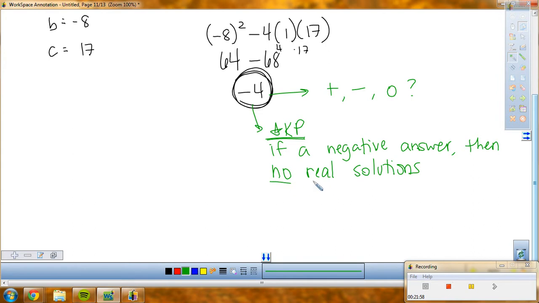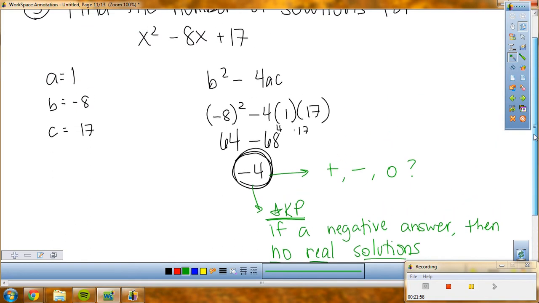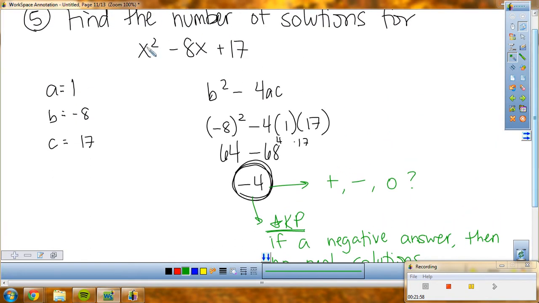No real solution. Right? So we went through all possible cases. When we have a quadratic, we have the possibility of having at most 2 solutions.